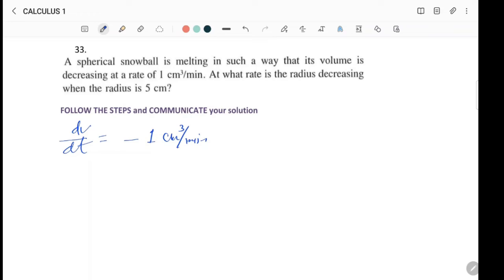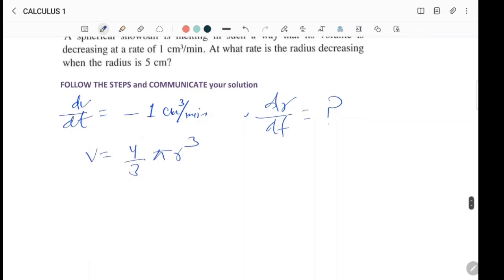At what rate is the radius decreasing when the radius is 5? So it means dr by dt I have to find. dr by dt should be negative, then only we can say it is decreasing. It's spherical, so the volume of a sphere is 4 over 3 times pi r cube, right?